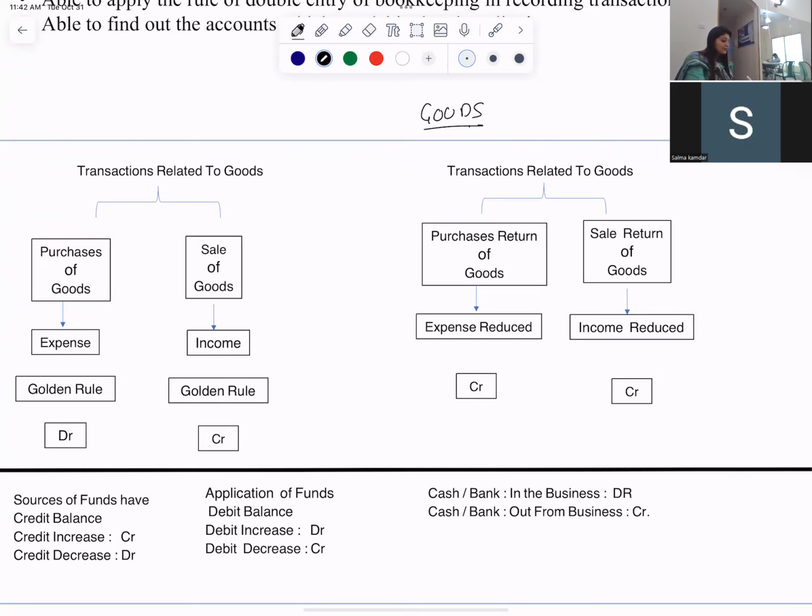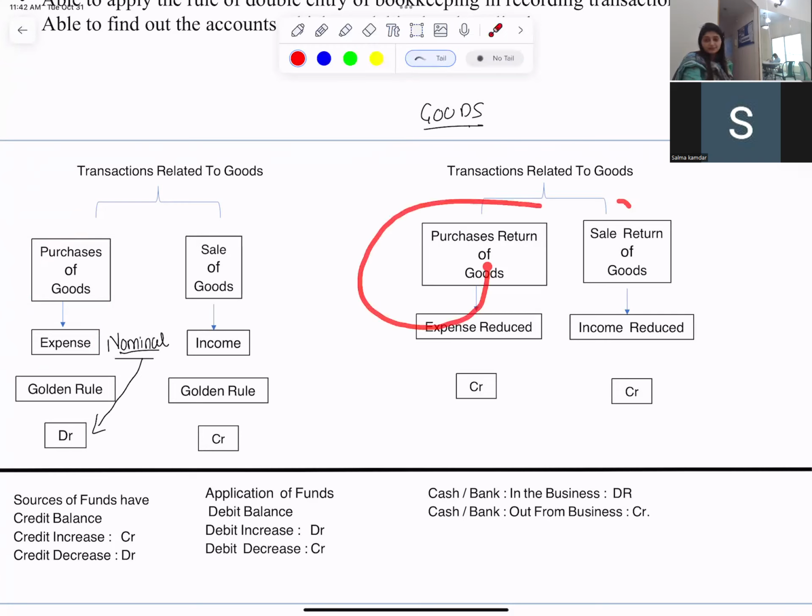What is the golden rule of nominal account? So purchases will always be debit. Purchase return is what? Expense reduced.